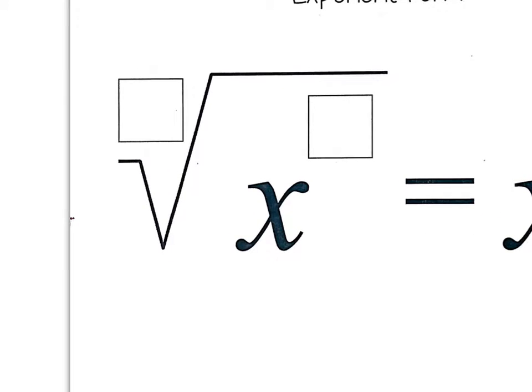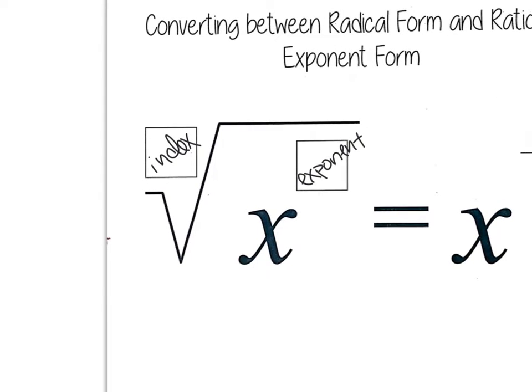So we're going to label this box index. This other box right here is usually our number that is our exponent. That's stuff we already know, our index and our exponent.